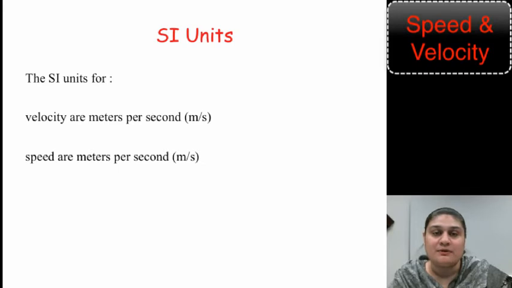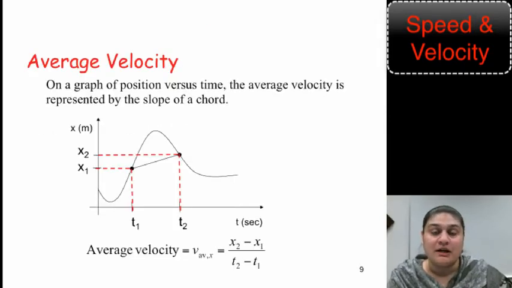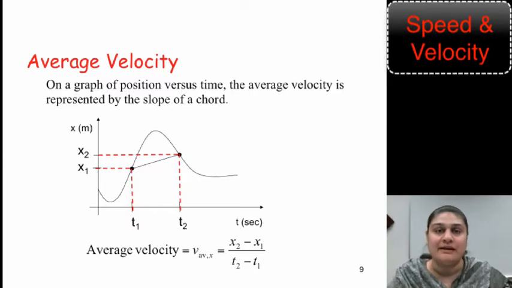The SI unit for both velocity and speed is meters per second because they both measure how much displacement or distance something has covered with respect to time. The average velocity is basically given by the slope of a chord on any graph.